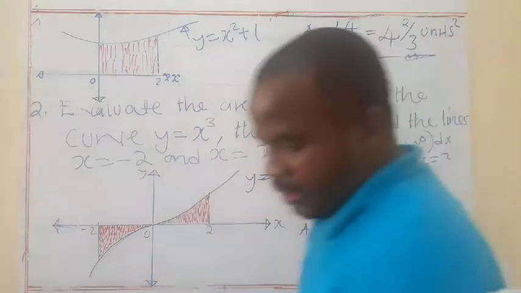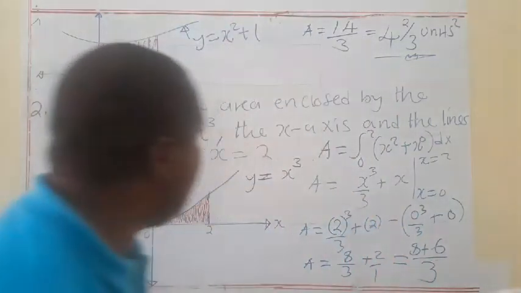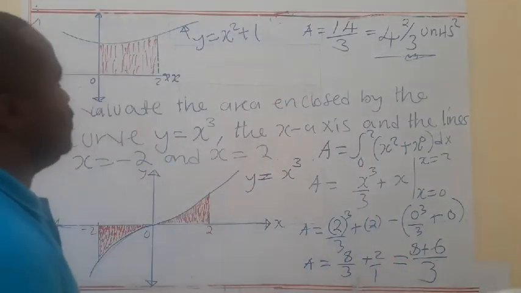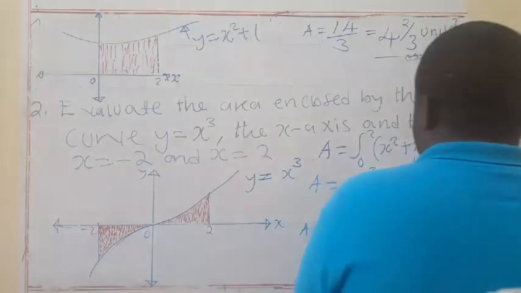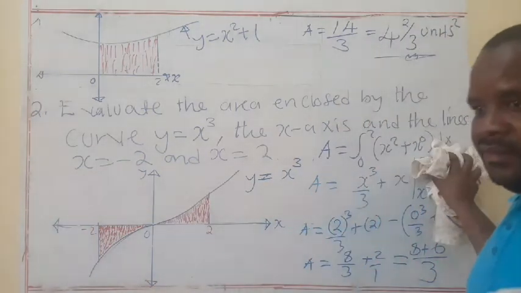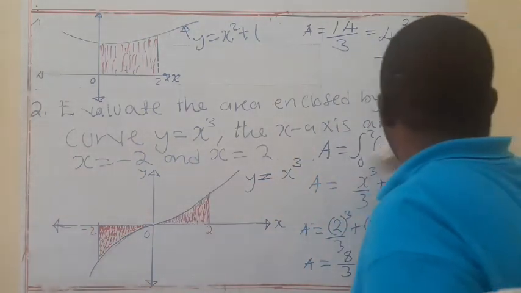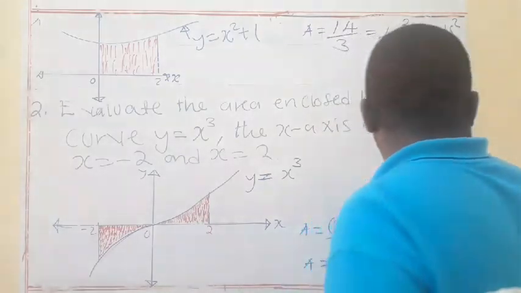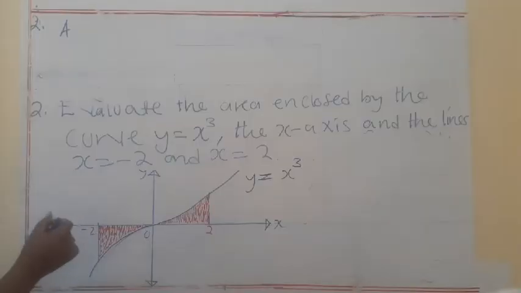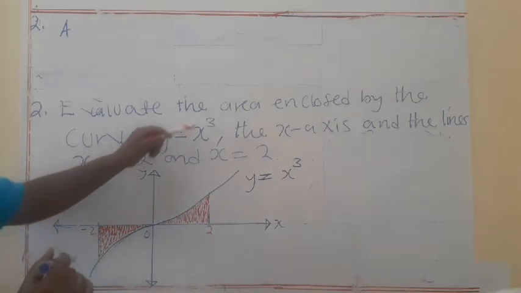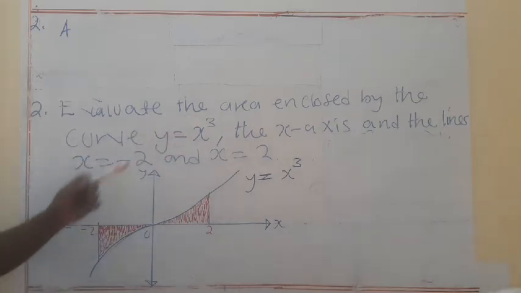So let's look at the other question. Let me erase this part. We are saying let's evaluate the area enclosed by the curve y is equal to x to the power 3, the x-axis, and the lines x is negative 2 to x is equal to 2.